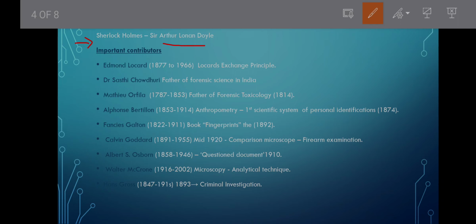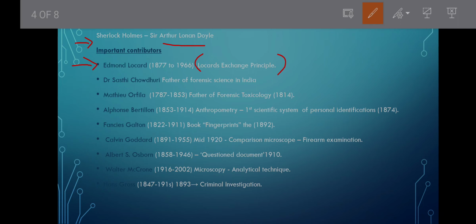Moving on to the next, Sir Edmond Locard. Many believe that he is also known as the father of forensic science. He is famous for Locard's exchange principle.